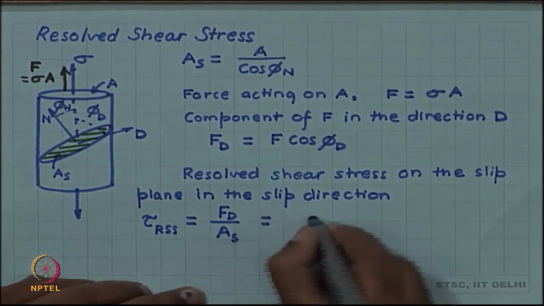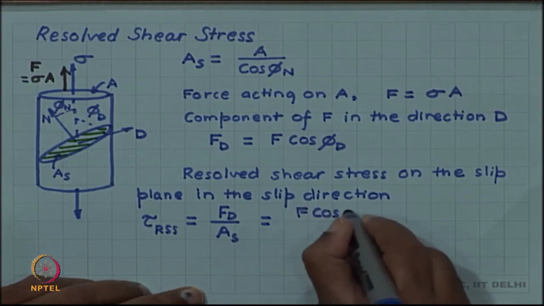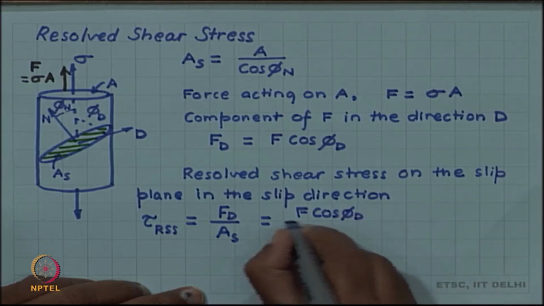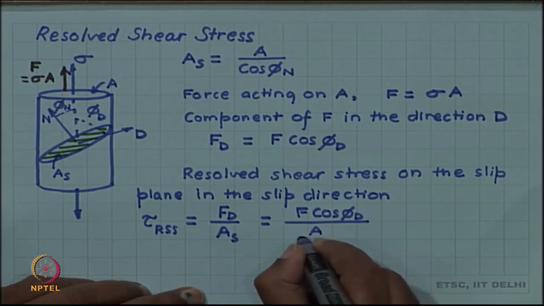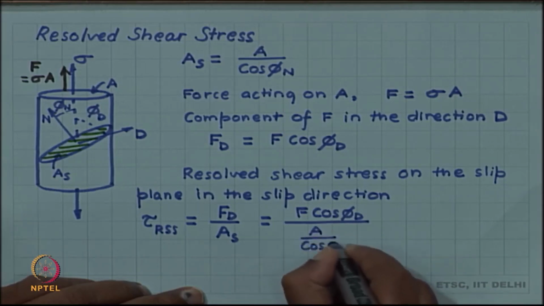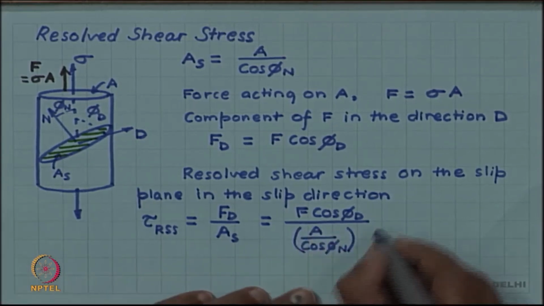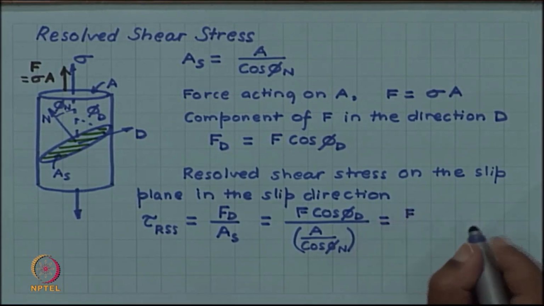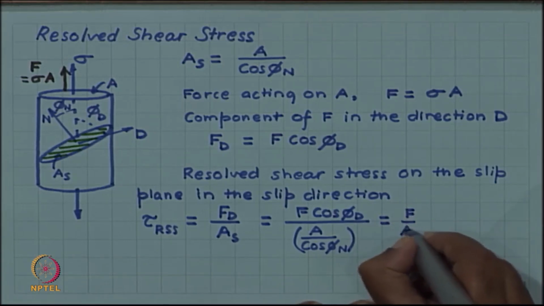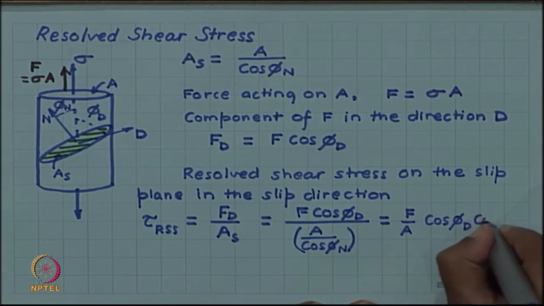Fd we have already found as F cos phi d, and AS we have found as A by cos phi n. So, we can write this as F by A cos phi d cos phi n.